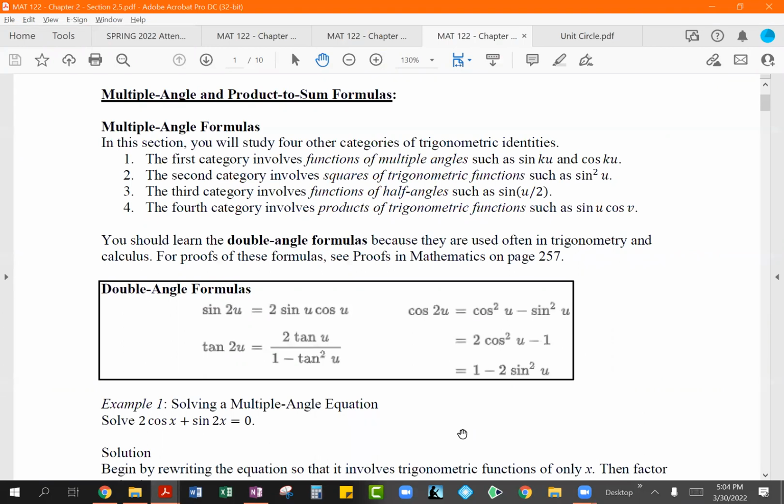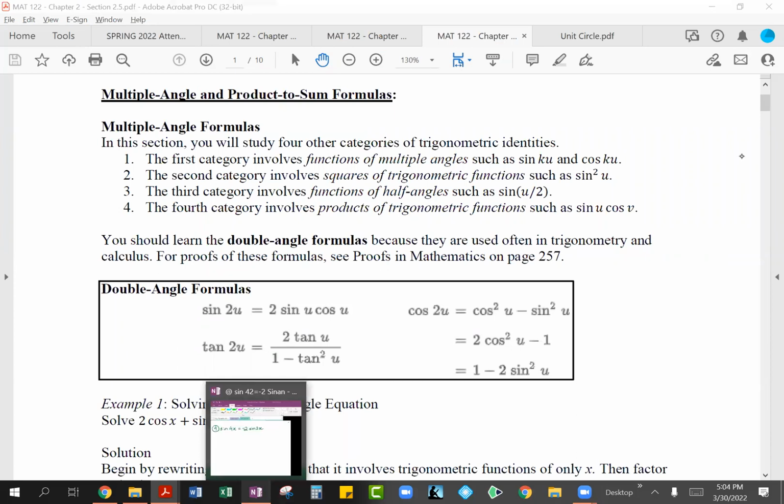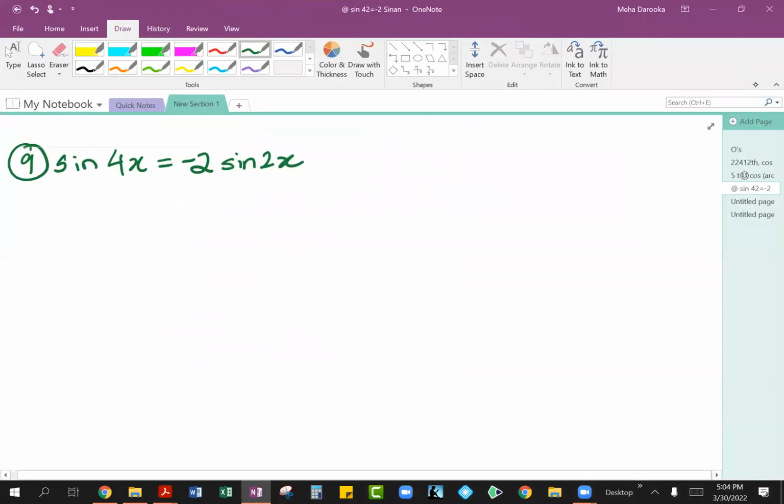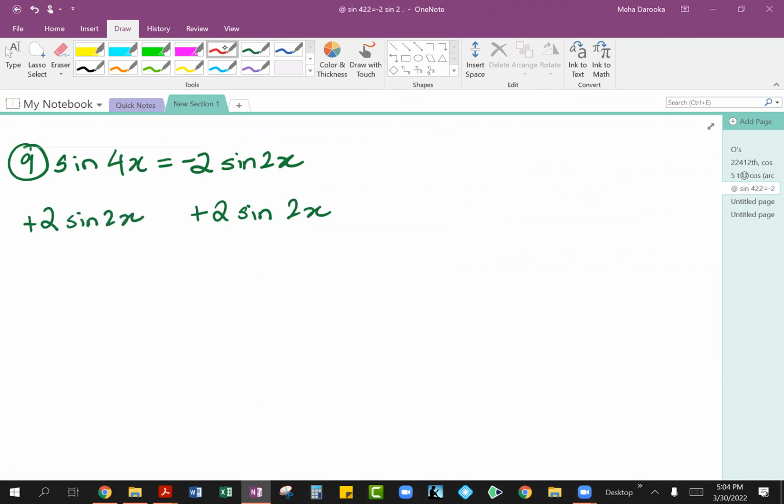Okay, so we'll need to, of course, use the double angle formulas over here, but first let's go ahead and clean up our equation here. Since you have -2 times sine of 2x, let's go ahead and move it to the left-hand side by adding it. So, of course, it cancels out and we'll end up with equal to 0 on that side.